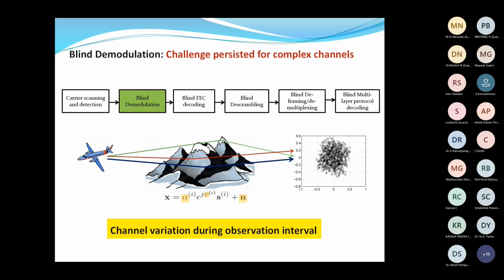The challenge still persists for the case of complex channels, where channel variation is observed during the observation interval. This is a typical scenario where the target is moving, or the interception platform is mounted on a moving platform. The scenario is again for estimation of the channel, which results in estimation of the amplitude uncertainty and the phase offset, of course under the additional impairment of noise.